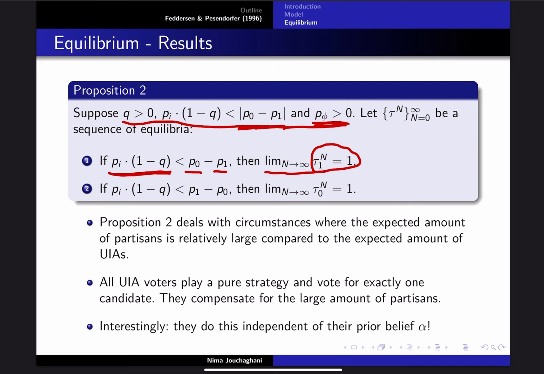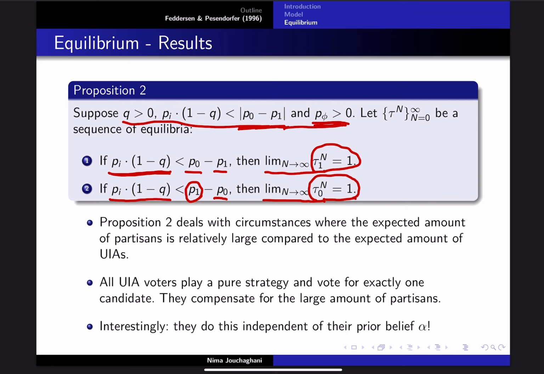The same thing holds when the amount of candidate 1 partisans is very large compared to the expected amount of independent and uninformed voters and to 0 partisans, because then if we increase the amount of eligible agents more and more, a consequence will be that all uninformed independent agents will vote for candidate 0.